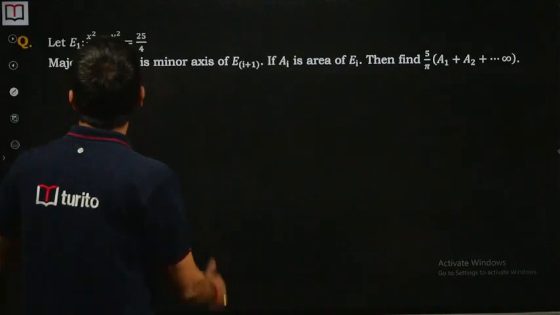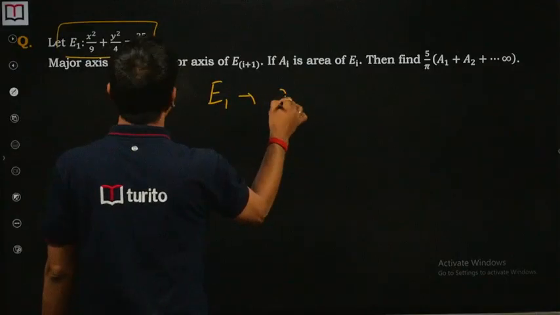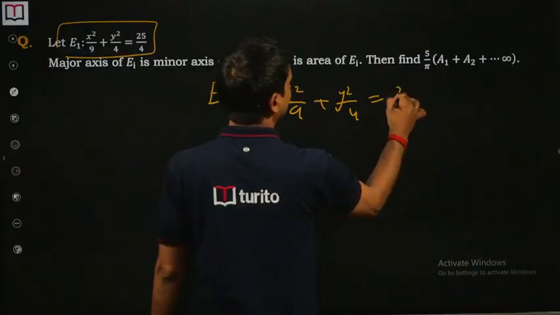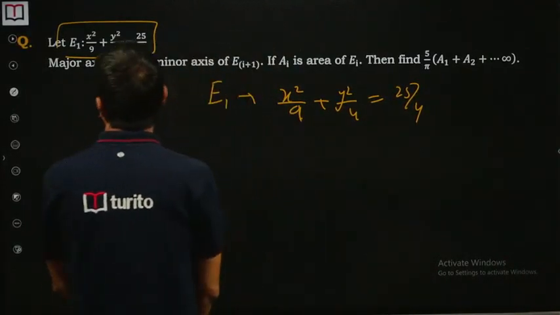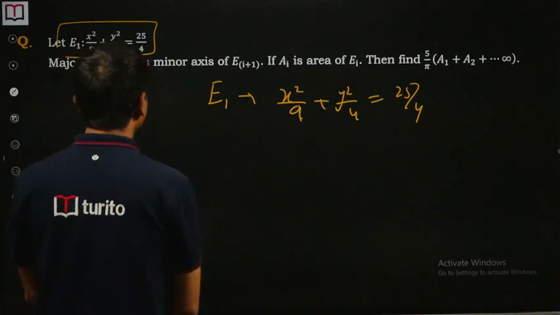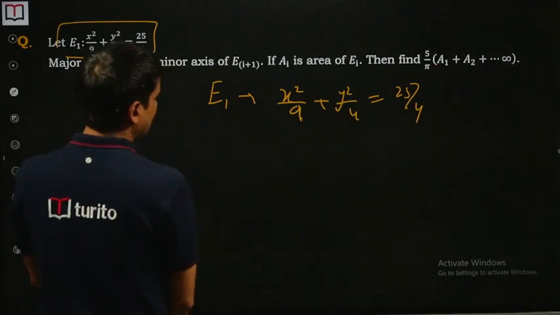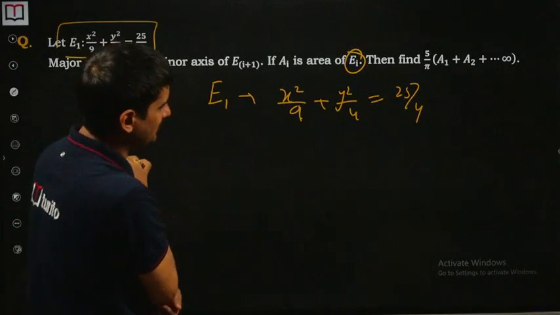Next is this one. E1 is given to us. So E1 is x square by 9 plus y square by 4 is equal to 25 by 4. Of course, this is a horizontal ellipse. The major axis of Ei is the minor axis of Ei plus 1. If Ai is the area of this, then we have to find the sum of all these areas.